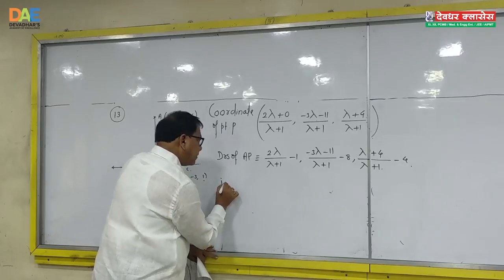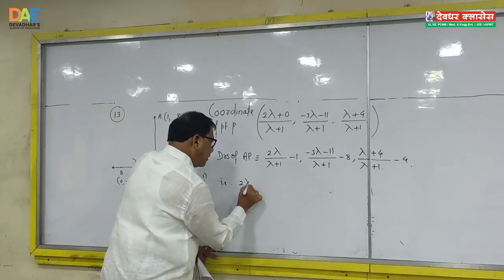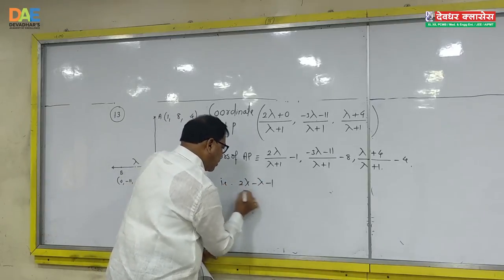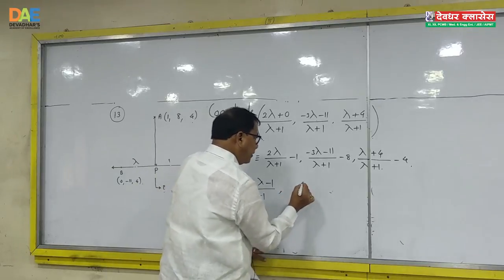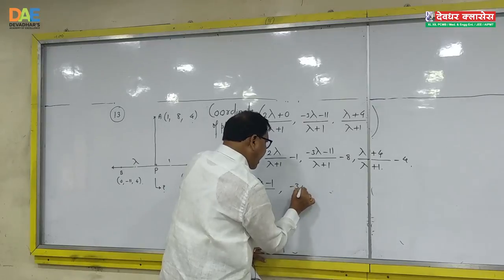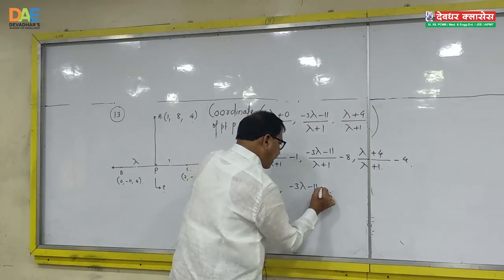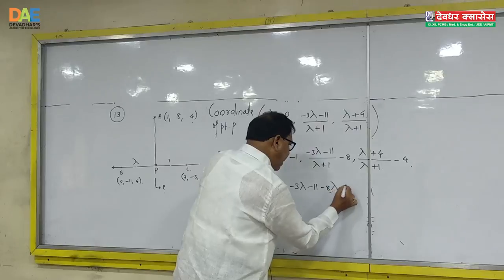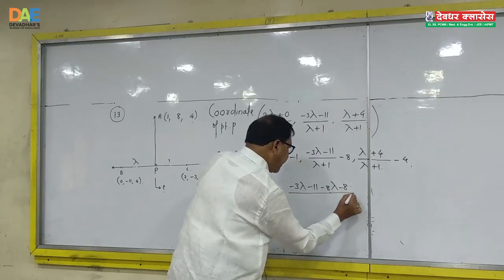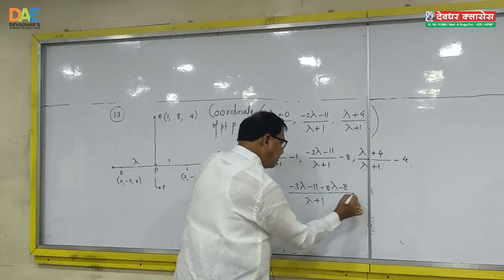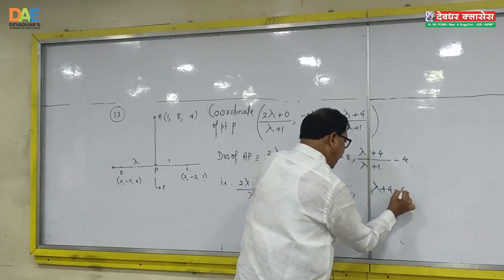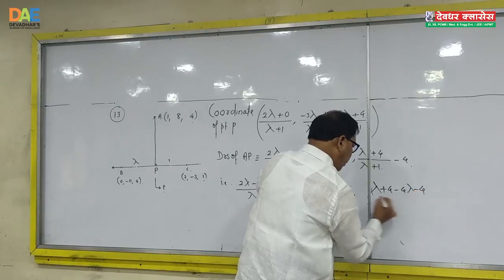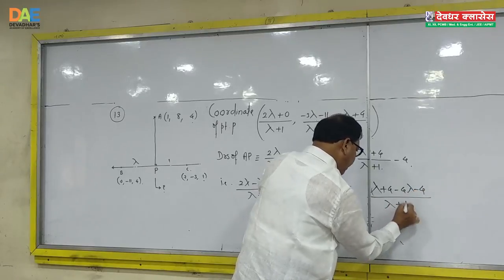That is (2 lambda minus 1) upon lambda plus 1, comma, (-3 lambda minus 11 minus 8 lambda minus 8) upon lambda plus 1, and (lambda plus 4 minus 4 lambda minus 4) upon lambda plus 1.